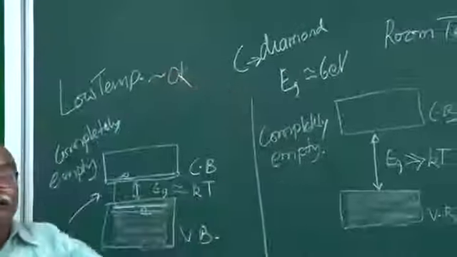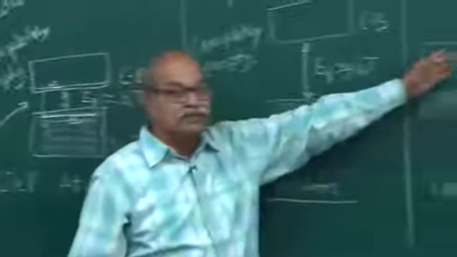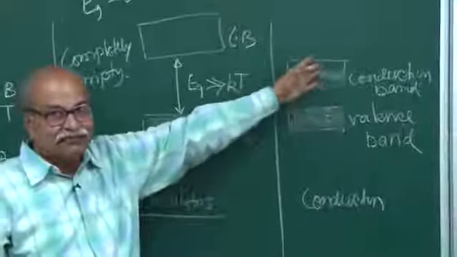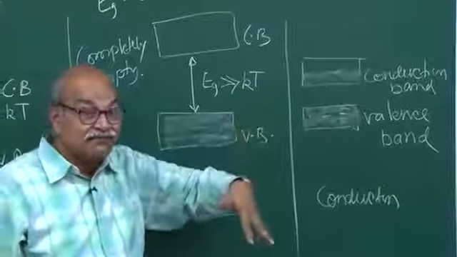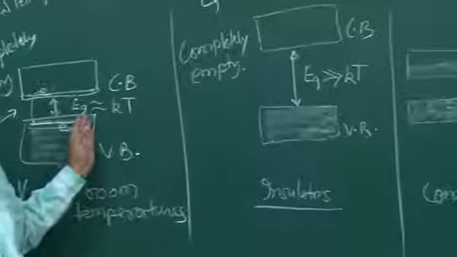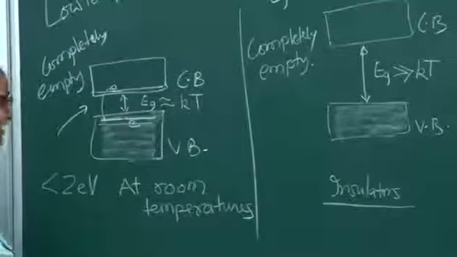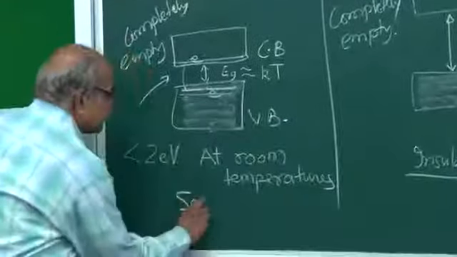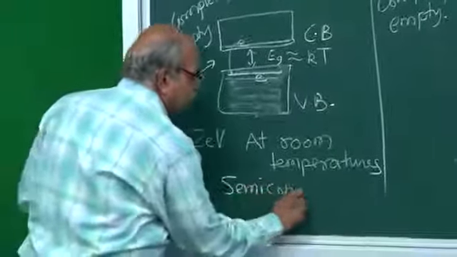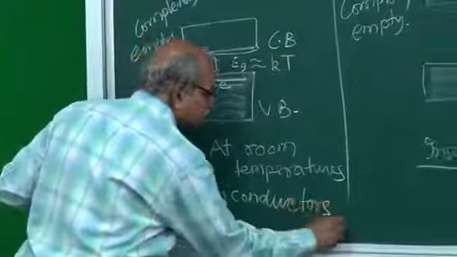Of course, the number of electrons here or the number of vacant states here is still very small as compared to the conductor case, and therefore the electrical conductivity will be very, very small here as compared to a conductor, but as compared to an insulator, it is very, very large here. That is why it is called a semiconductor. These kinds of materials are called semiconductors. Okay, and that is what we are going to now focus on.